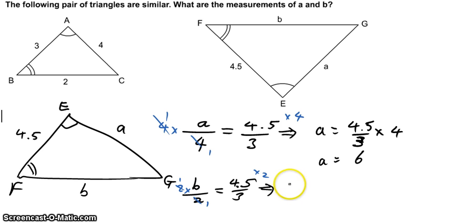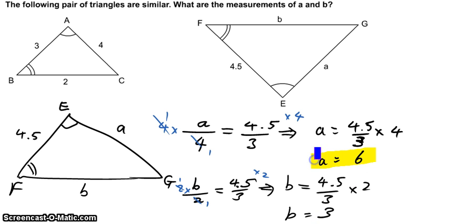So all we're doing is just rearranging these little formulas, these equations, should I say, and when we get to there, use your calculator, however you want to do it. 2 times 4.5 is 9, 9 divided by 3 is 3. And that's it. You found the length of A, and you found the length of B.